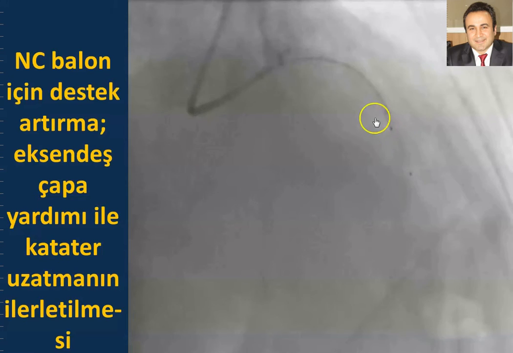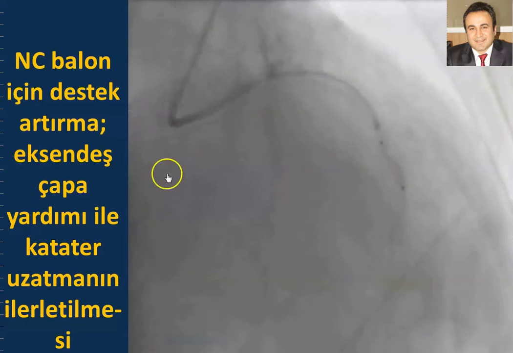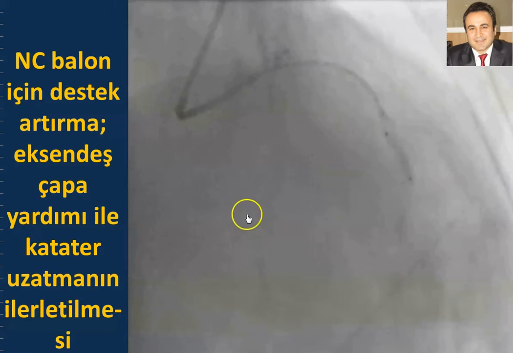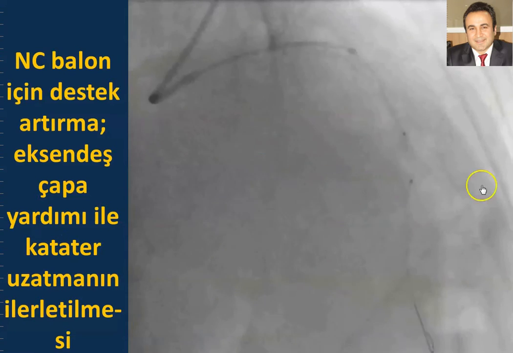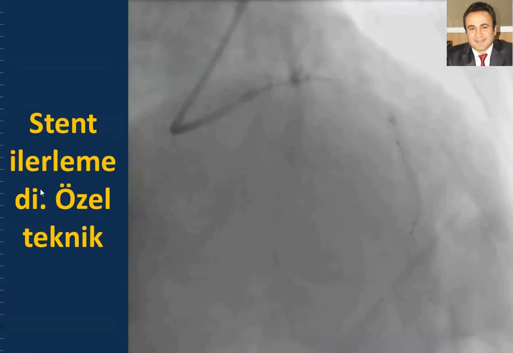We dilated the balloon and pushed the catheter extension, and then fully dilated the calcific lesion.